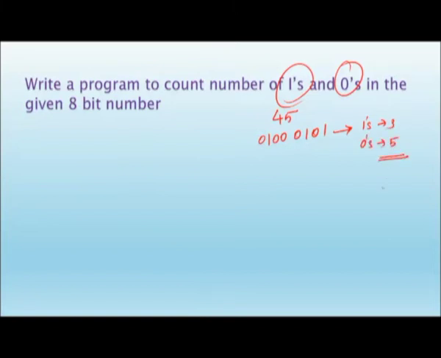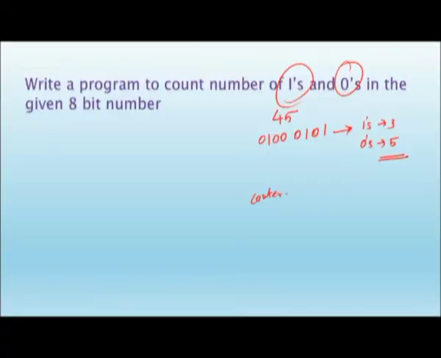Now, I want to calculate how many ones and how many zeros. So, how will you get this? I have to initialize two counters: counter 1 for the number of zeros and counter 2 for the number of ones. In counter 1 the value will be loaded as 5, and in counter 2 as 3.